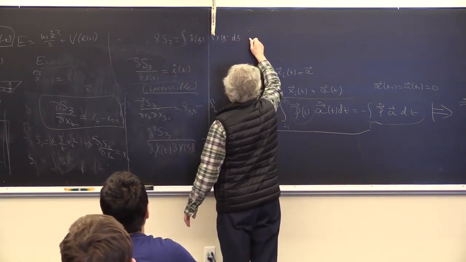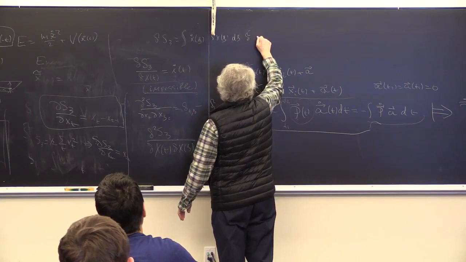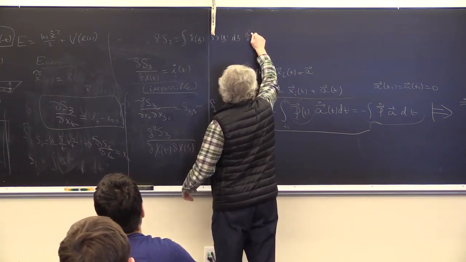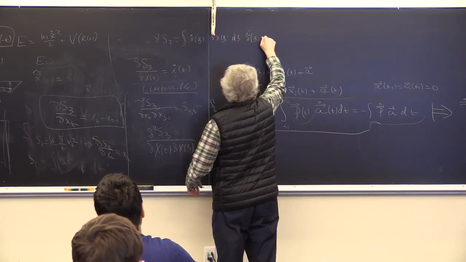And we have to put the delta function of s minus t.